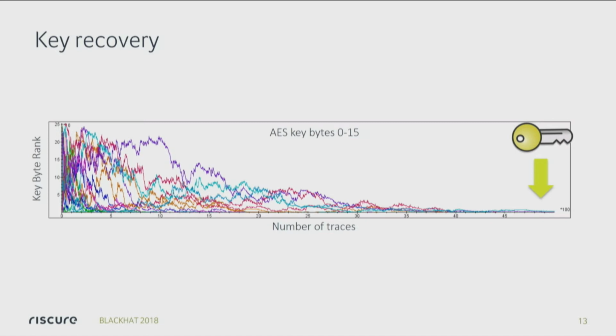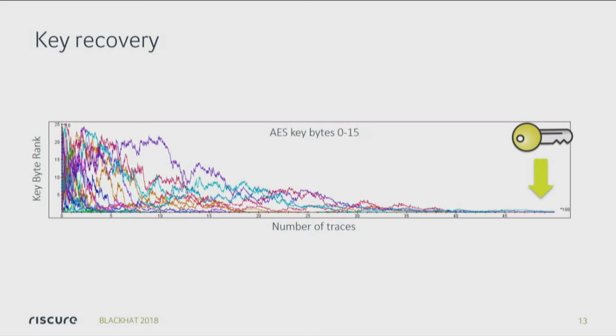You can see in the beginning, on average, that rank will be about 128, in the middle between 0 and 255. And the more statistics you accumulate, the lower that actual key byte will drop in the ranking. As soon as all 16 key bytes are at rank 0, we've actually found the key. That's what happens at the back there.